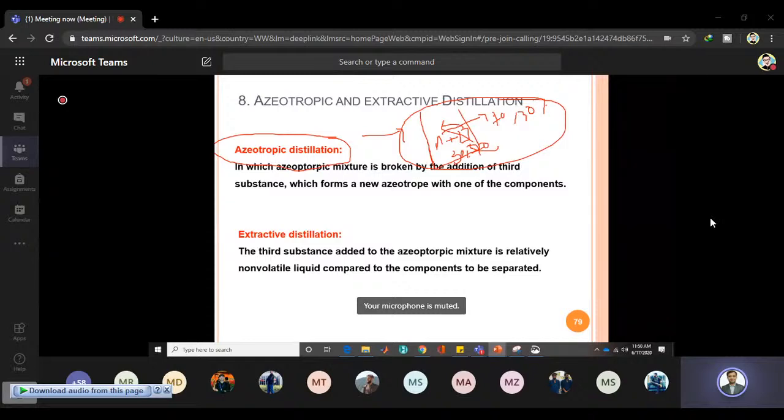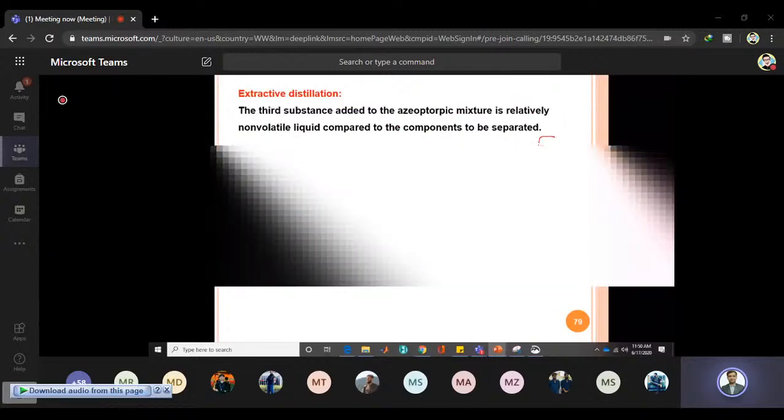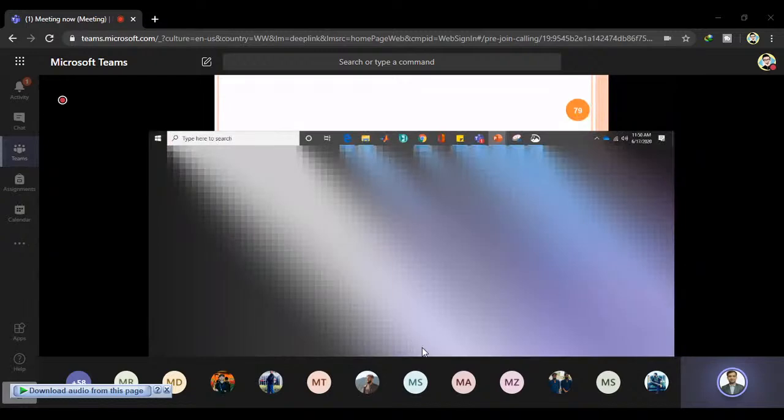So what we do is, if we have these two components A and B, we add a third component C. Now this C comes in and lowers or raises the vapor pressure of one of these. It depends on the chemistry that you are using.